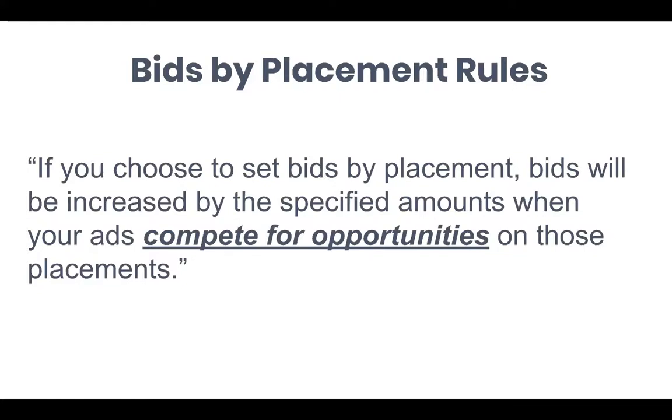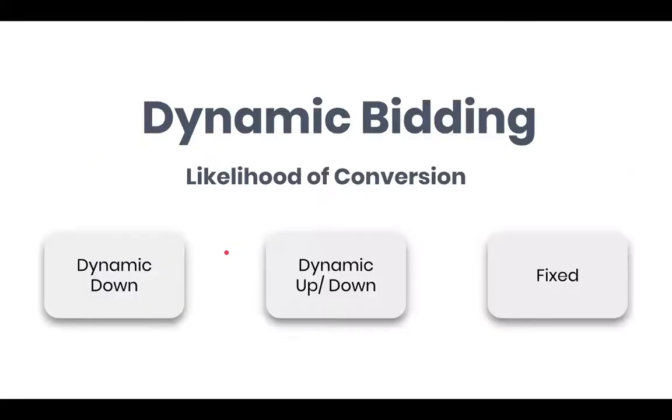So if there are 5 bidders and your bid percentage is, let's say, 300% or whatever, your default bid would be increased to that amount so that you are able to compete against those other competitors who may not have any bid modifiers for that placement. So again, as I said, this is a way for you to compete with others.